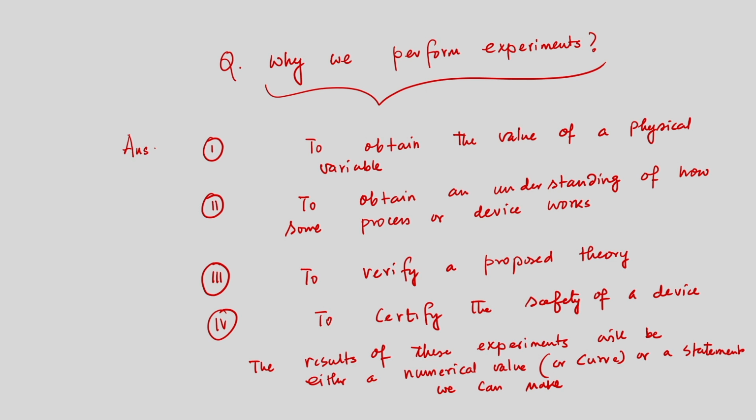Now, we have seen that these are the different objectives, and to fulfill these objectives we need to go for experimentation. And as I have written just now, the results of these experiments will be either a numerical value or data, or a curve, or sometimes a statement that we can make.